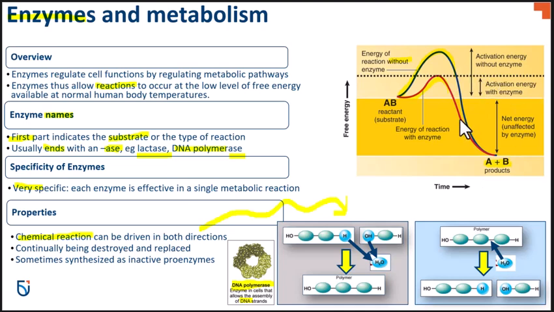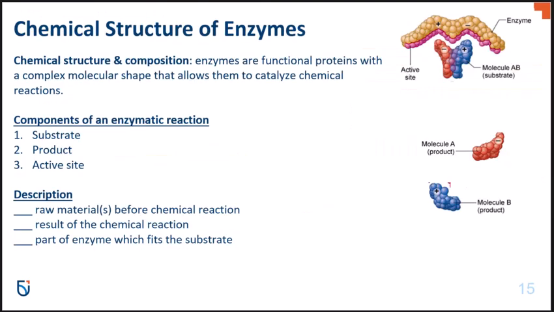So that goes back to what I mentioned before, that enzymes lower the activation energy that's required in order to initiate a chemical reaction. So let's look at the chemical structure of enzymes and what they're made of. We know that they're functional proteins, but they take on this complex shape that allows them to participate and catalyze a chemical reaction.